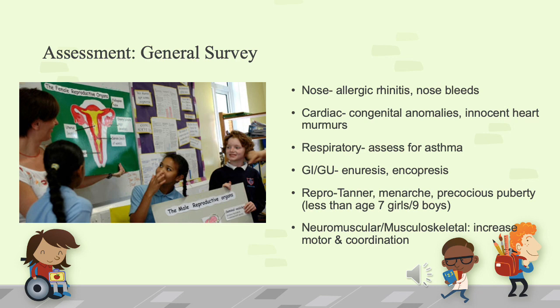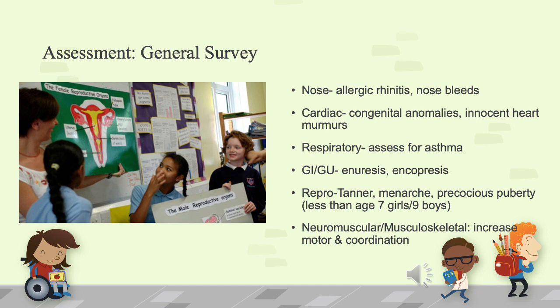The reproductive assessment at this age group will include Tanner staging, and we will go over this more in the adolescent lecture. Towards the end of this age group, so age 12, some girls are going to start to have their first menstrual cycle or menarche, which we will go over in greater detail in the adolescent lecture as well.